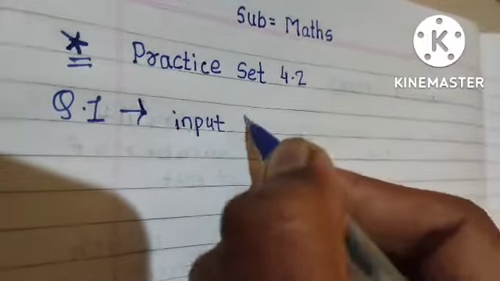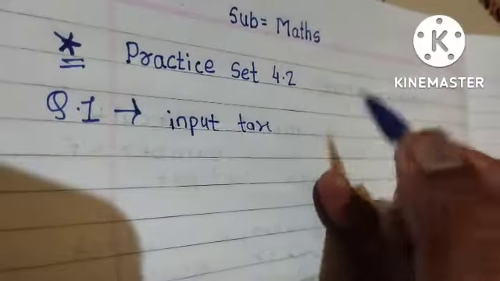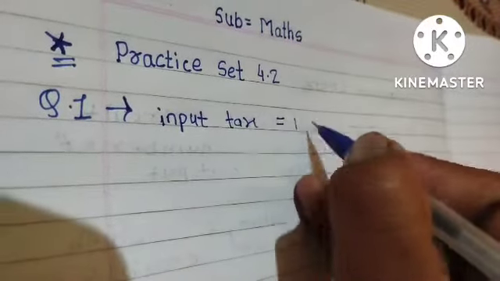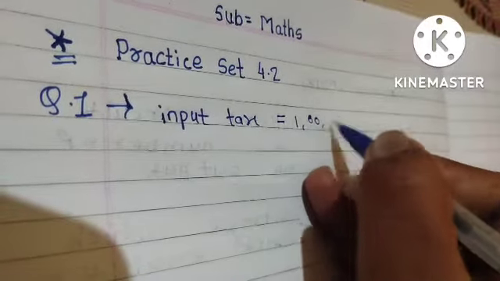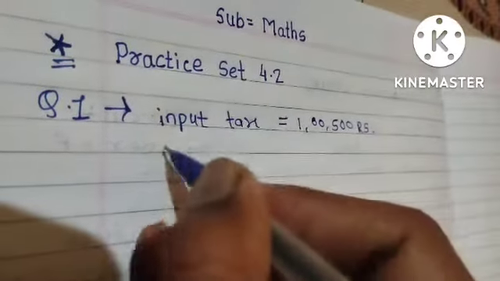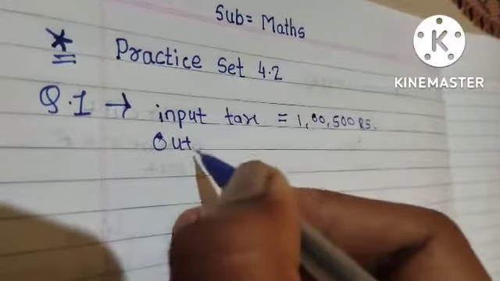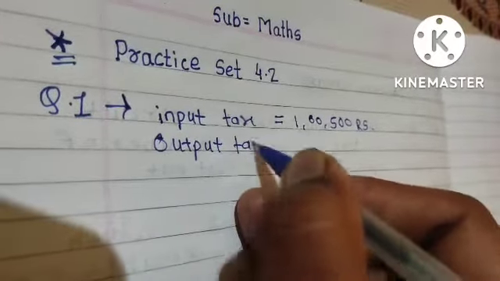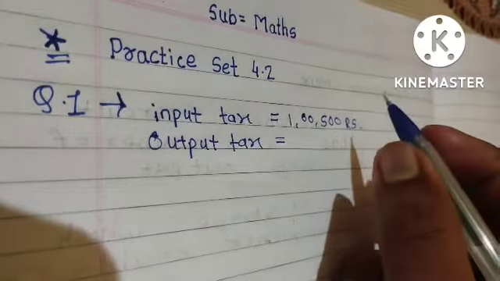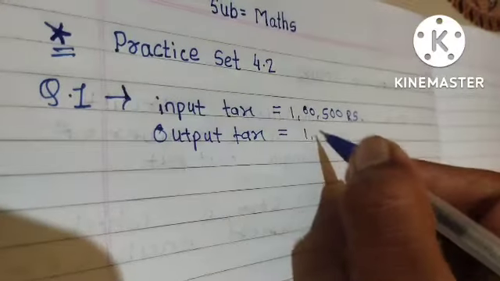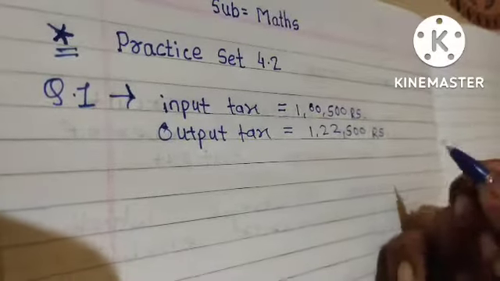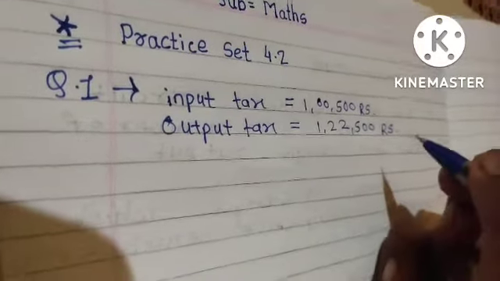Input tax is at the time of purchase, so 1,500,000 is the input tax. And what is output tax? The tax collected at the time of selling, 1,22,500 rupees.